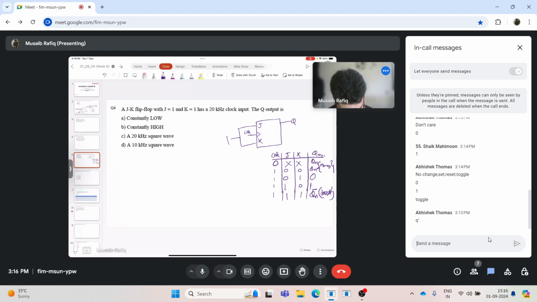So I am having my input, let's say a clock signal like this, and these are the positive edges I'm marking, and my J equal to K equal to 1. That means my output will toggle, assuming my output was initially at 0.